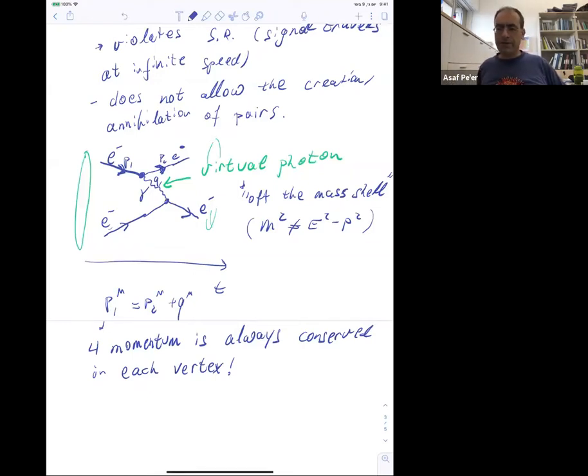So we always have a conservation of the four-momentum. That's how we ensure we comply with the rules of special relativity. Also, other quantum numbers are conserved, not just the four-momentum.